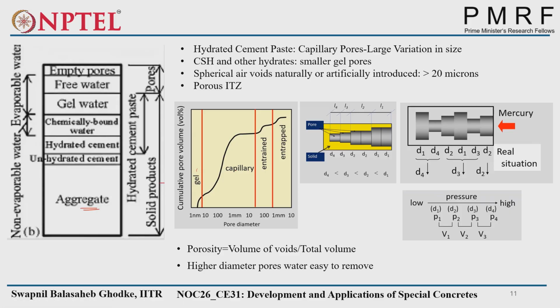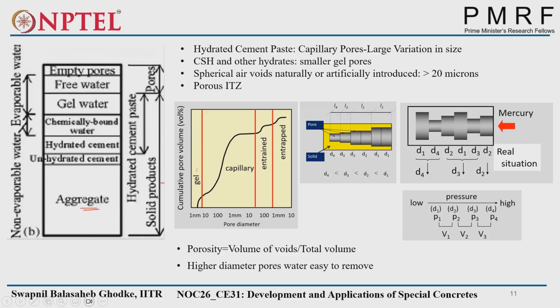So the volume of D1 will represent that amount of mercury penetration with respect to the D1 diameter. Further, if you increase the pressure, it will represent D2, and the volume will represent the volume of pores of diameter D2. Then similarly for D3 and D4.